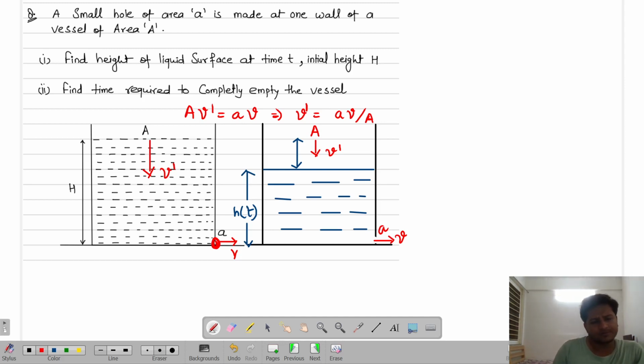One thing tell me: it says find the height with respect to time t, isn't it? So if we assume the height of the liquid surface is h at time t, then can I just write this velocity relation?